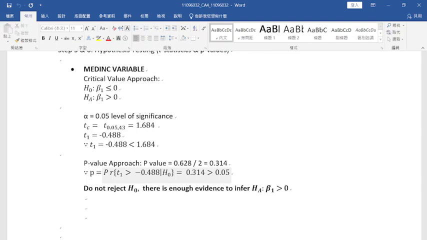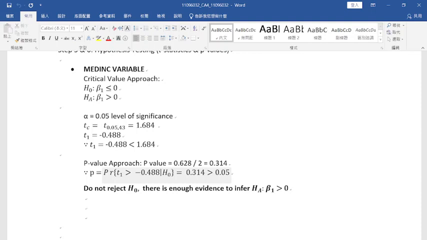So your conclusion is do not reject. Yes, do not reject. We do not reject the null hypothesis because there is not enough evidence to infer our alternative hypothesis.